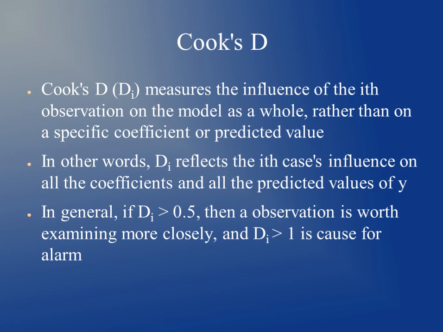In general, if Di is greater than 0.5, then the observation is worth examining more closely. And if it's greater than 1, that's cause for alarm. It has a huge impact if it's greater than 1. And if it isn't a true data point, then our model could be very wrong.